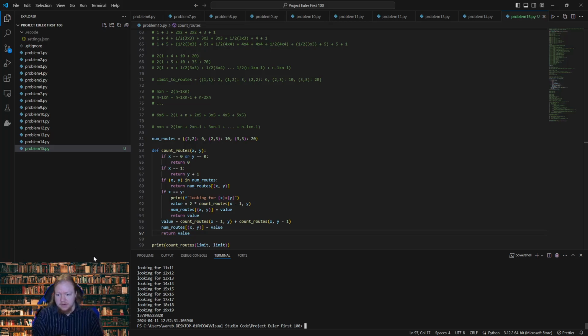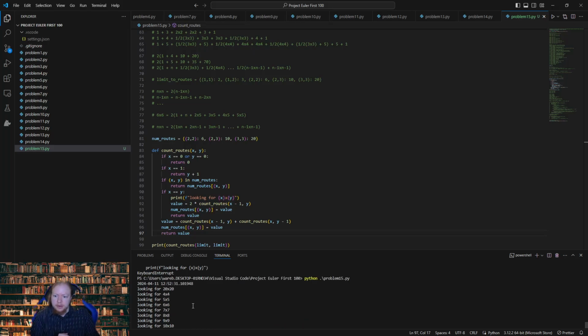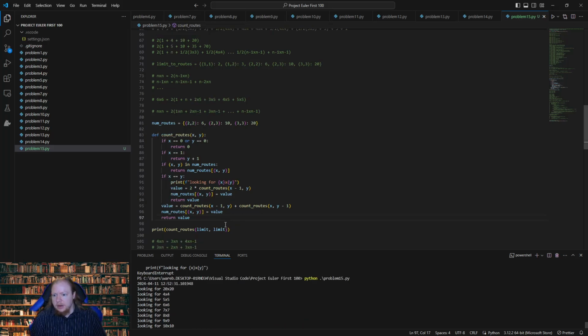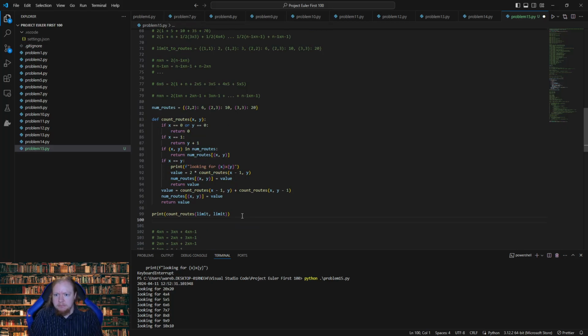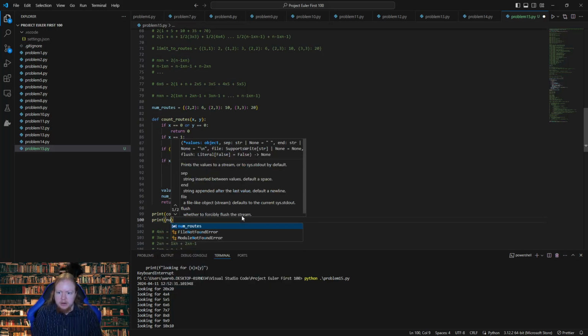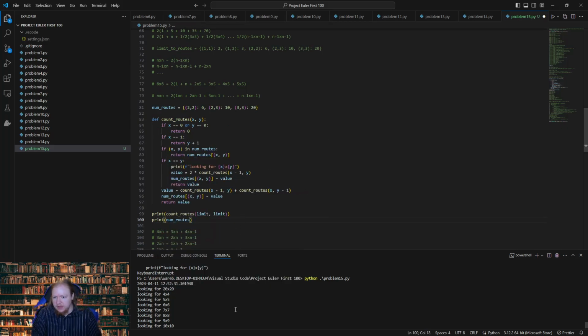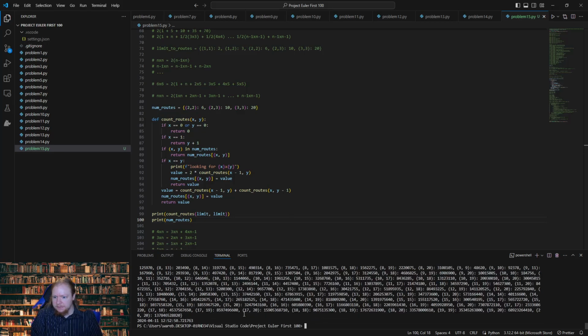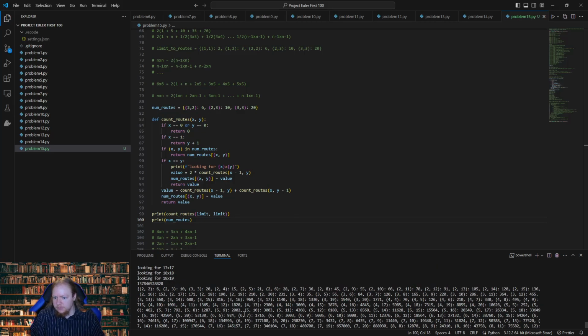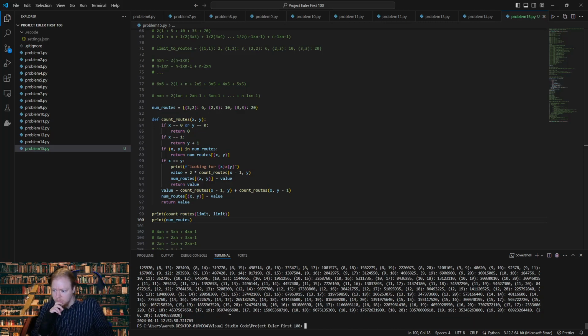And it gave us a different and larger number. Oh, I want to print num routes. I want to see how huge that got. Okay, so our 2, 2 is 6, our 2, 3 is 10, and all of this jazz.